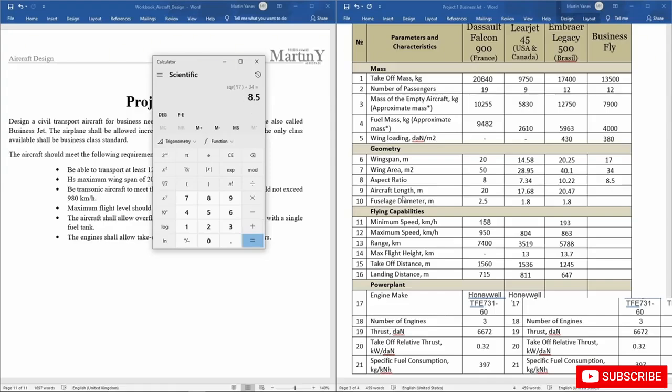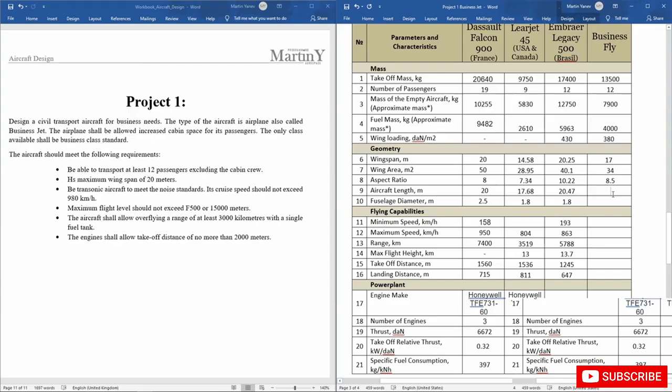It's quite simple. Then I would say the length of the aircraft in our case will be about 17 meters, maybe more, but at this point I will put 17 because the Learjet, which is quite similar to ours, has exactly this body length. For the fuselage diameter I will just take the average of the three, which is going to be 2.15.